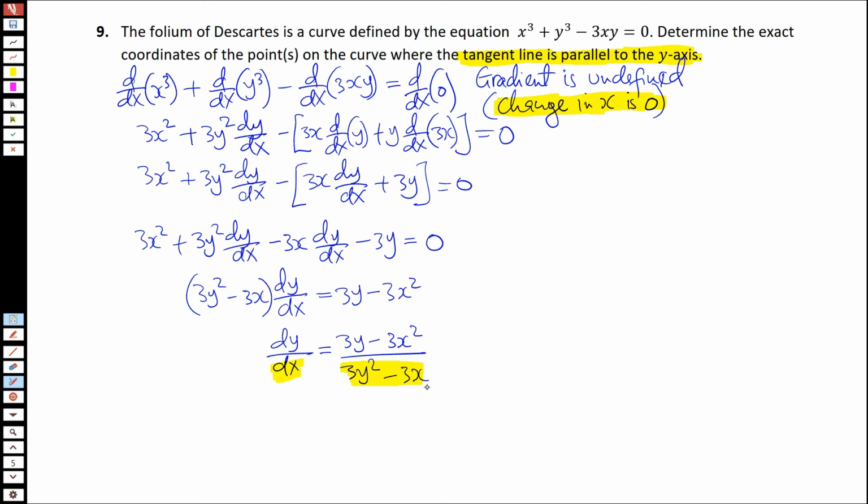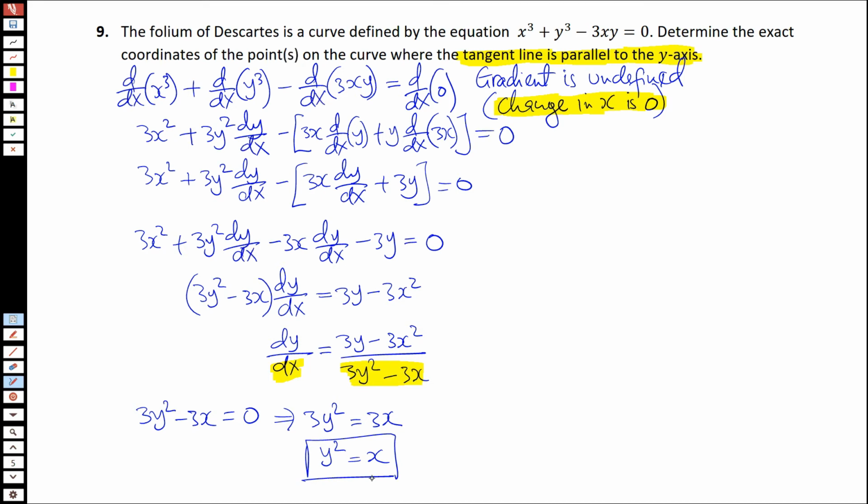So if we equate this to 0, we have 3y squared minus 3x equal to 0. That will mean that 3y squared will be equal to 3x, which means that y squared is equal to x.